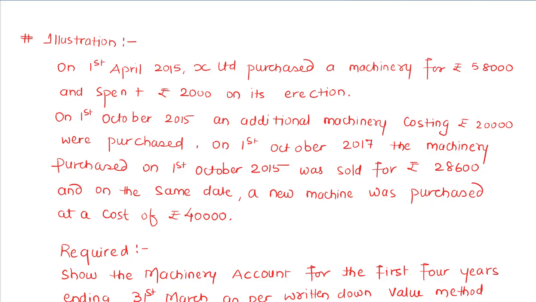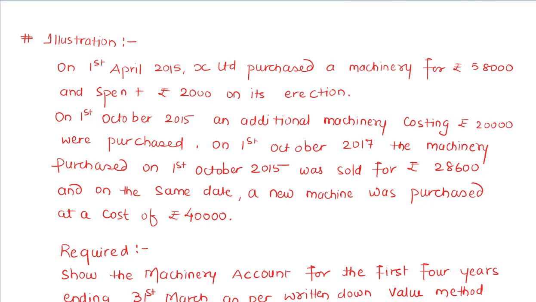On 1st October 2017, the machinery purchased on 1st October 2015 was sold for 28,600. So first of all, we need to calculate the depreciation from 1st October 2015 to 1st October 2017. After that, we will calculate the WDV, written down value, and then find out whether there is a profit or a loss on sale of machinery.